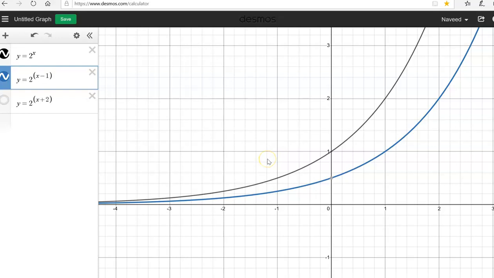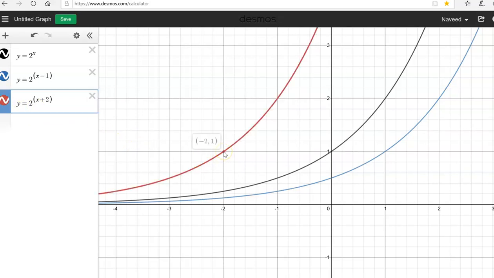And let's see if that is true. That means this coordinate here, 0, 1, should be in here somewhere. Yes, it is. Notice that that point right here is the coordinate minus 2, 1.